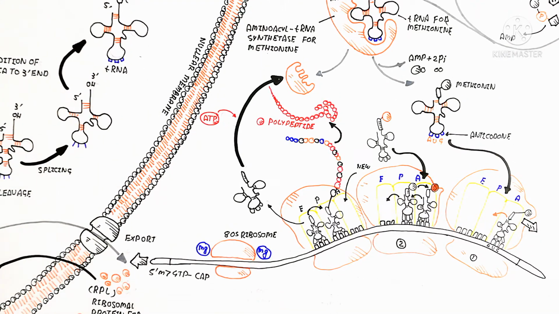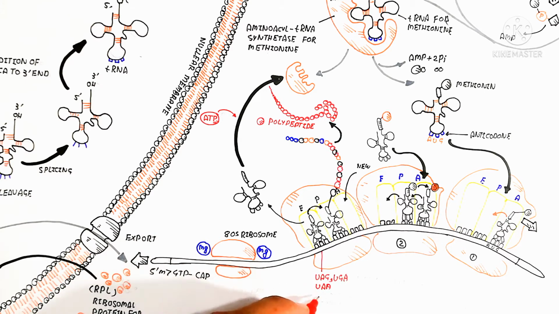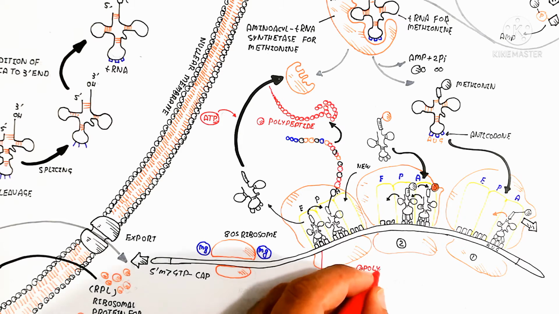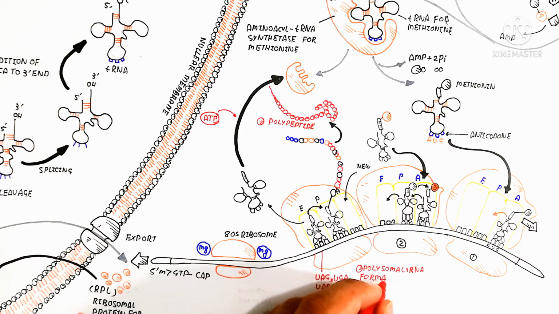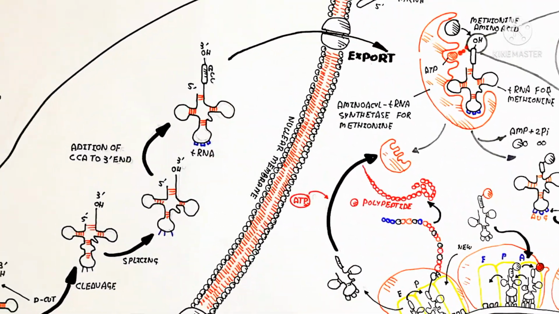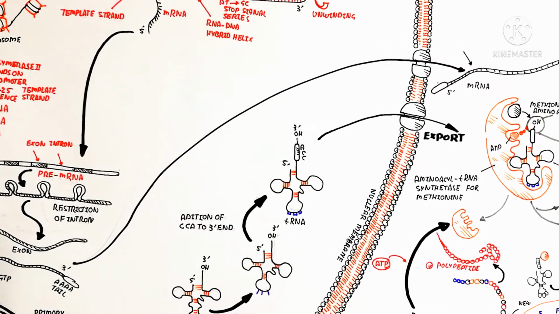When it goes to the E site, it will transfer the amino acid to the P site, due to the peptidyl site. After this, UAG, UGA, UAA are the terminal codons, and here the polysomal ribosome formation. So thanks for watching.